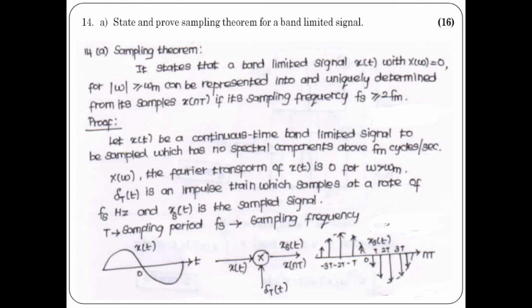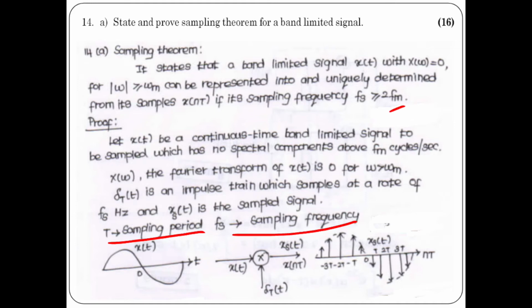Let us consider X(omega), which is the Fourier transform of x(t), and delta T(t) is an impulse train which samples at a rate of fs hertz, and xs(t) is the sampled signal in which T is the sampling period and fs is the sampling frequency. What is fm? fm is the maximum frequency.